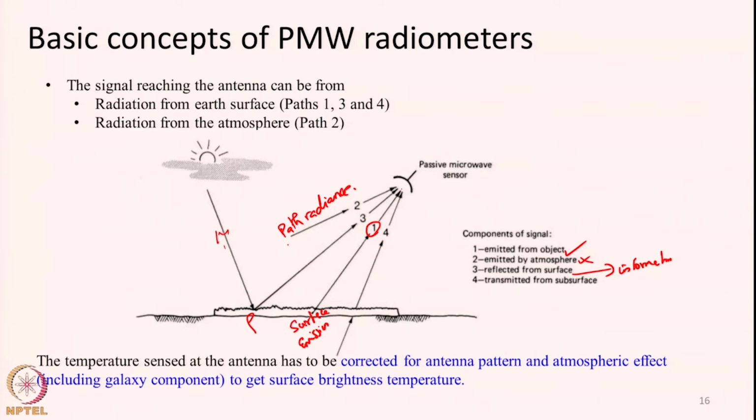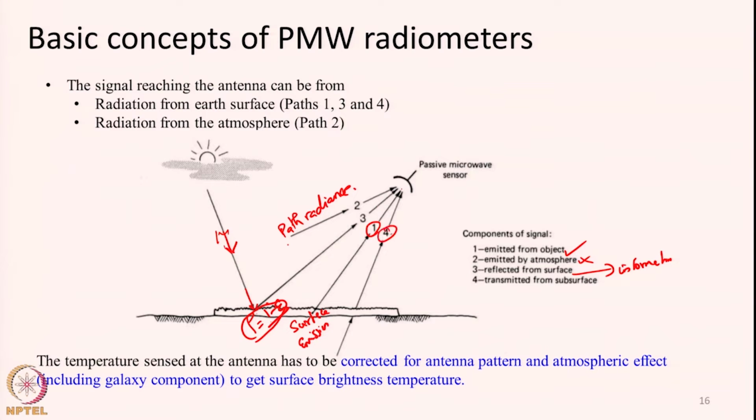Here we are providing the surface with some energy as an input in whatever frequencies we are observing, and that incoming energy is irradiating the ground, getting reflected by the surface and moving towards the sensor. Reflectance is equal to 1 minus emissivity. So, at that particular wavelength or frequency, the reflectance will be 1 minus emissivity, and that will be going toward the sensor.